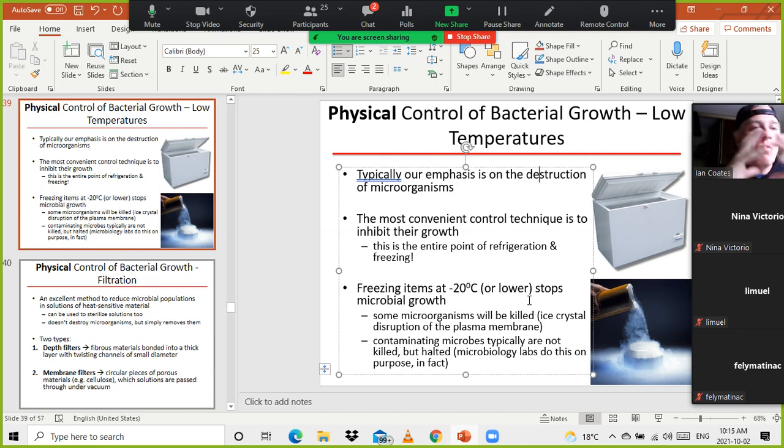The water in a microorganism could expand and actually cause cell lysis, because the water expands and cracks the cell. The contaminating microbes typically are not killed, but their growth is halted. Bugs that have been frozen for a year at minus 20 we can bring right back. So low temperature isn't really for destruction, it's more about controlling.